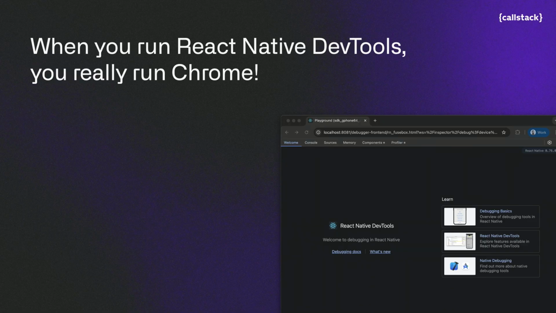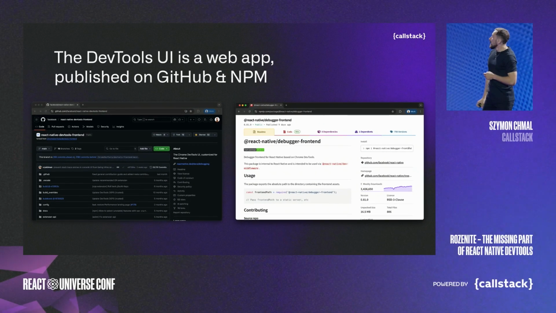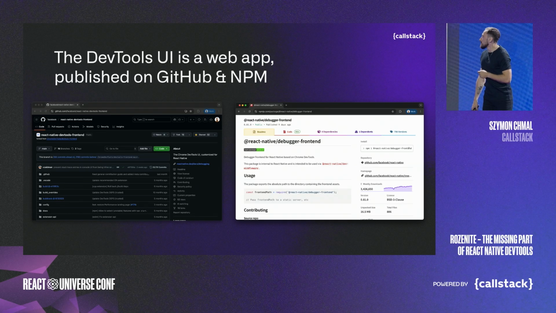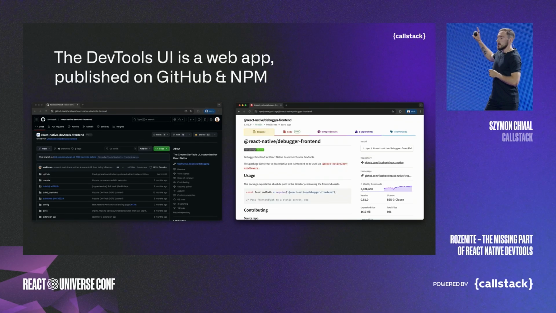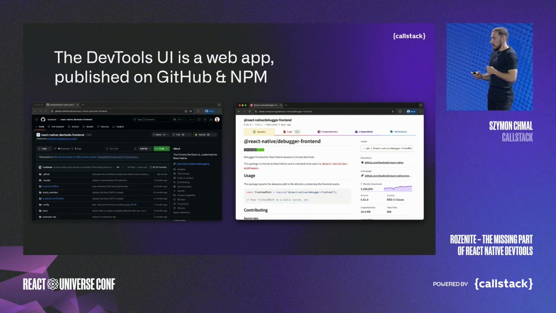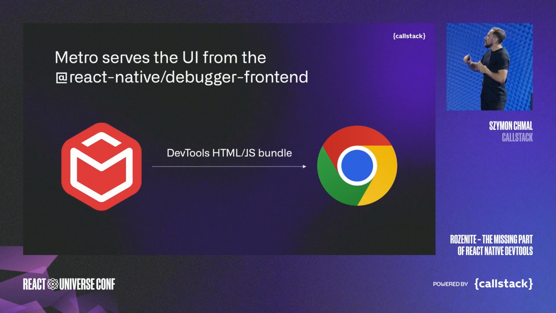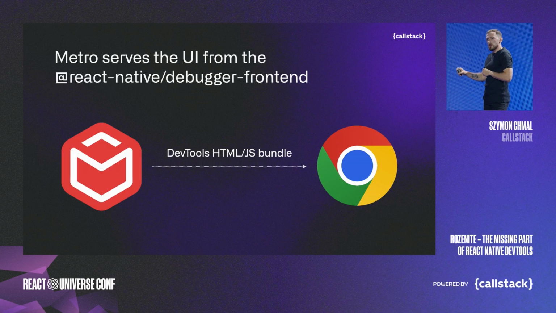And if it's a web app, we can modify it. And that's true. React Native DevTools, the UI itself, is available in a GitHub repository, plus it's distributed as an NPM package. And the next finding is that Metro serves HTML and JavaScript bundle to the browser.